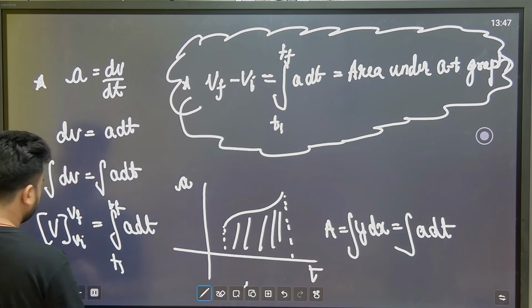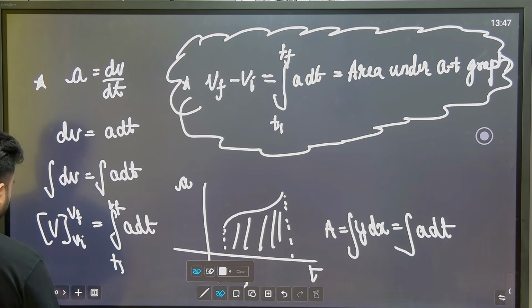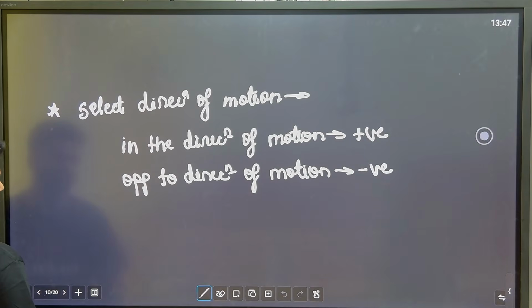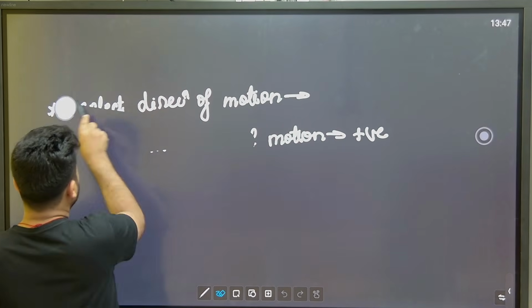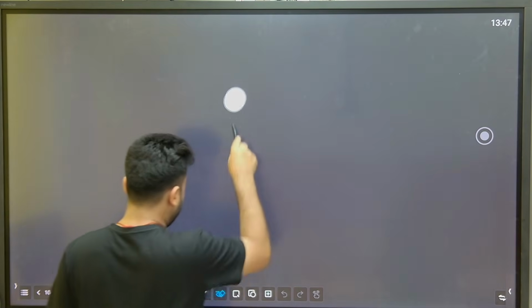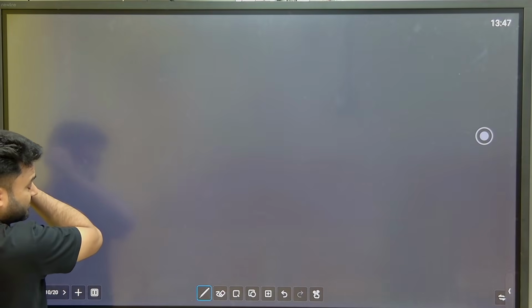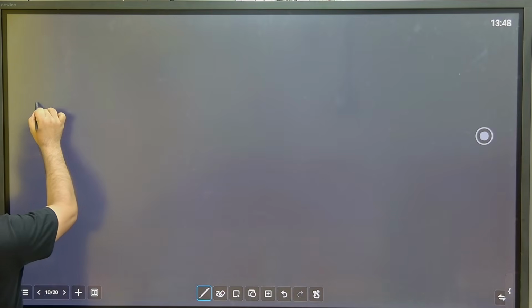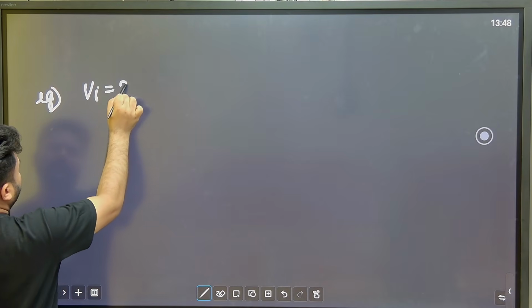Just one question I will take so that you understand again. It's given that the initial velocity is 2 meter per second.